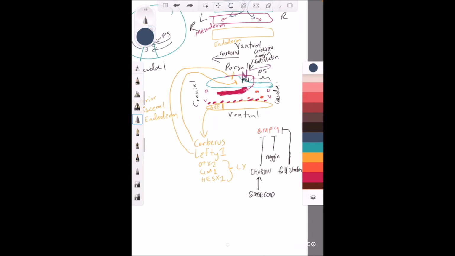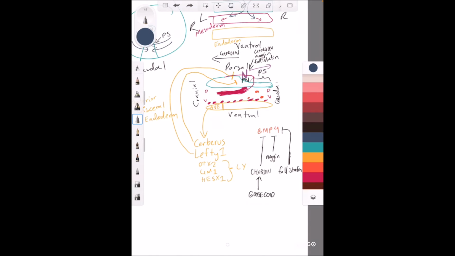We talked about where these are expressed, location-wise. And yeah, that's it. And then there's one more, right? There's one more gene that's important here in terms of differentiating cranial and caudal. It doesn't really fit in with either of the pathways that we've talked about so far.